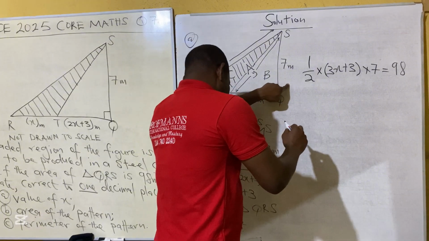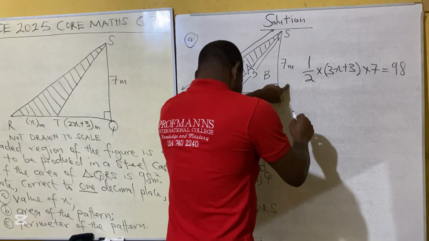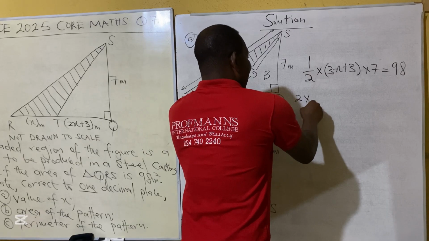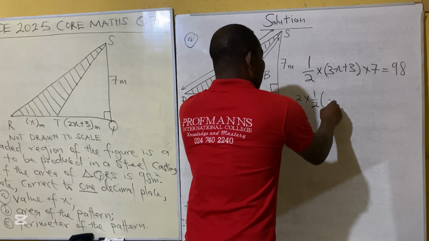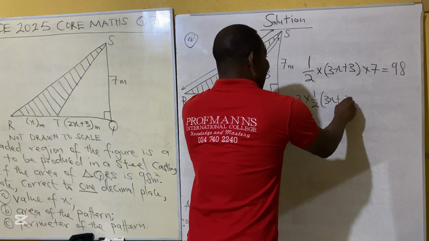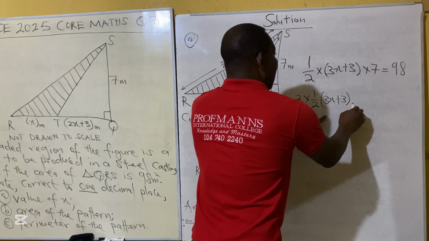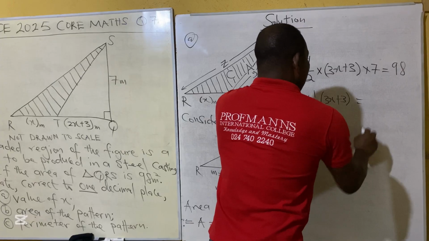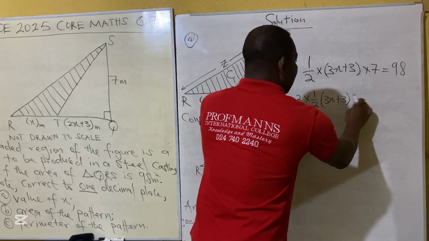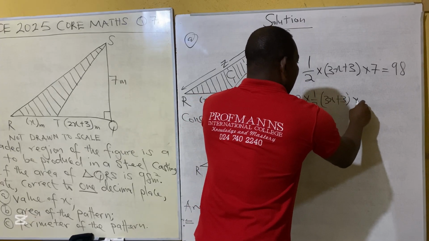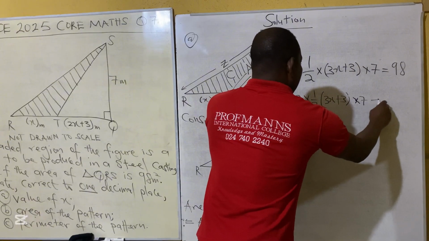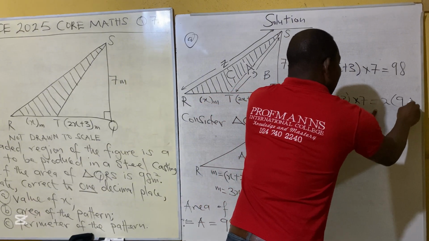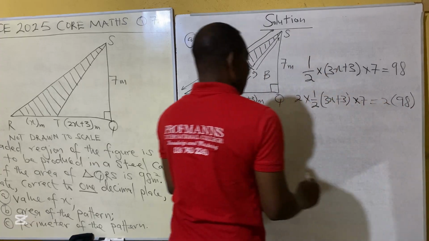So we get 2 times 1 over 2 into 3x plus 3 times 7 is equal to 2 times 98.